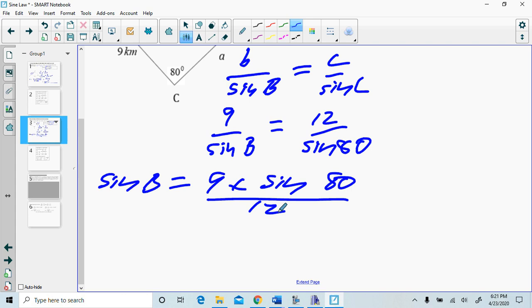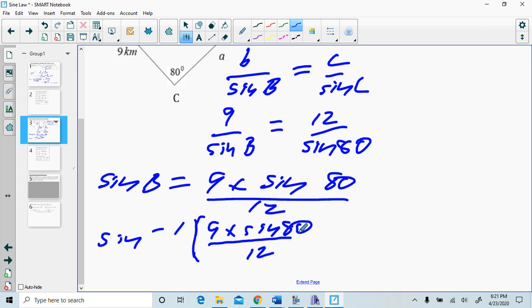Okay, now when we go to the calculator, we're going to do this all in one step, and to show what we're actually doing, to find the angle, we're going to go sine minus 1. So second function sine, and then you're going to put all this in. Oops, I don't need the equal sign yet. So go sine minus 1 in brackets, 9 times sine 80 all over 12, equals.